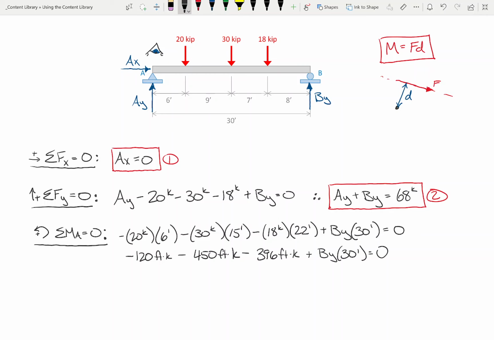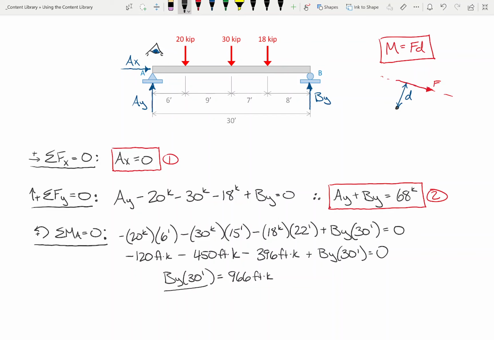All right. So I'm going to add the 120, the 450, the 396 over to the other side. So BY times 30 feet is 120 and 450 and 396 is 966, right?